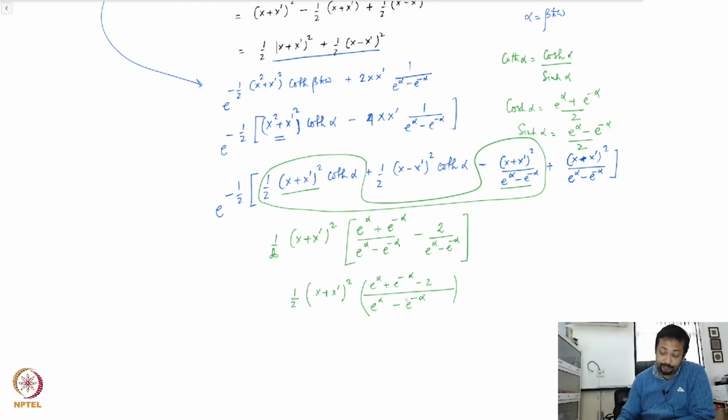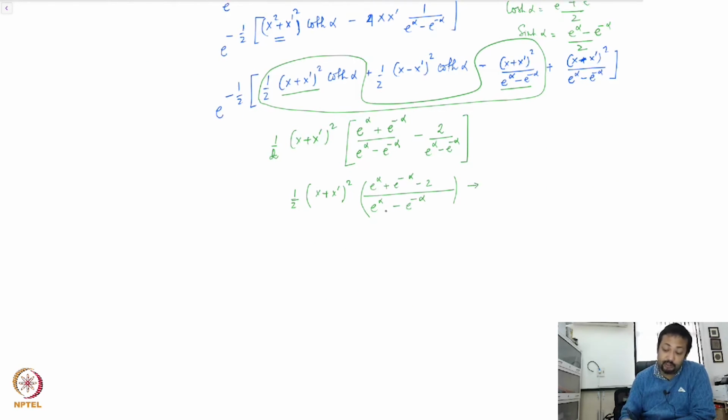Now this expression, if you follow it carefully, you see the denominator is like a square minus b square, which I can write down as (e to the power alpha by 2 minus e to the power minus alpha by 2) times (e to the power alpha by 2 plus e to the power minus alpha by 2).